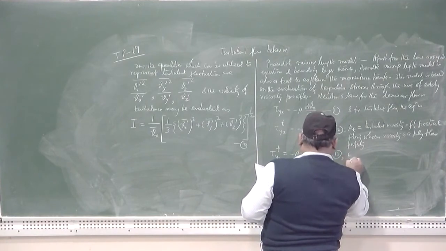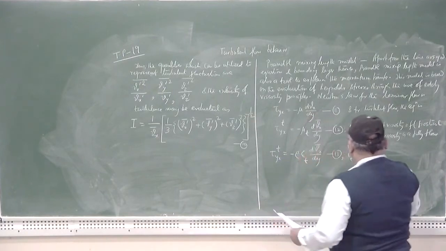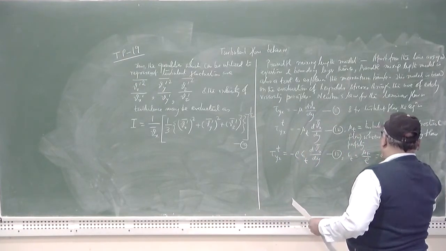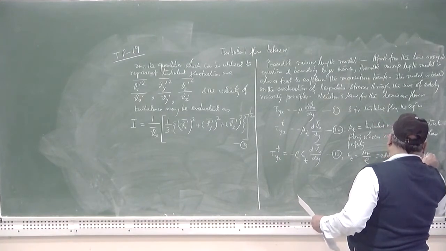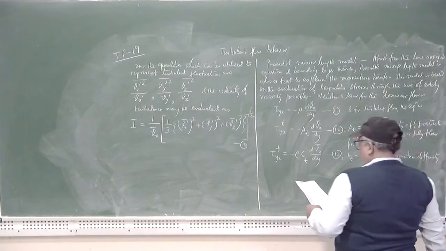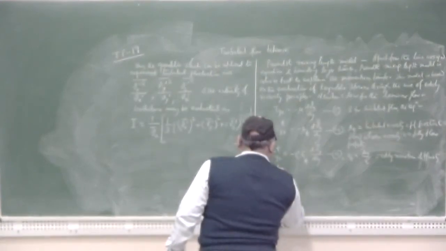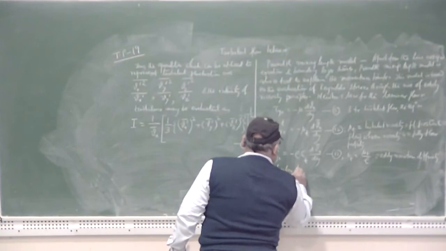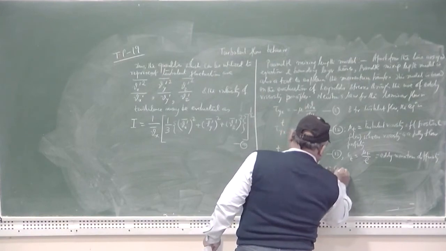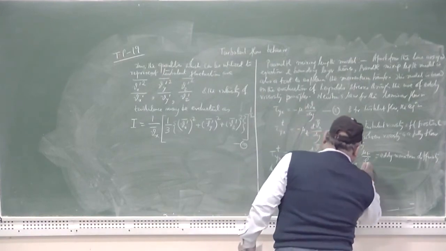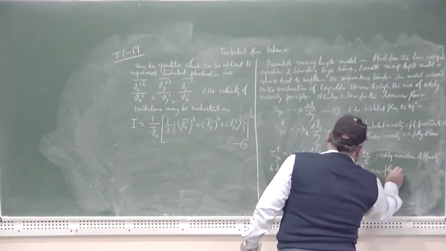Here this quantity epsilon t is equal to mu t upon rho, that is called the eddy momentum diffusivity, similar to mu by rho in the cases of laminar flow.